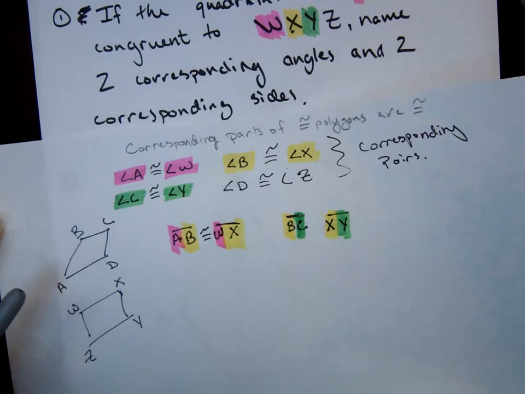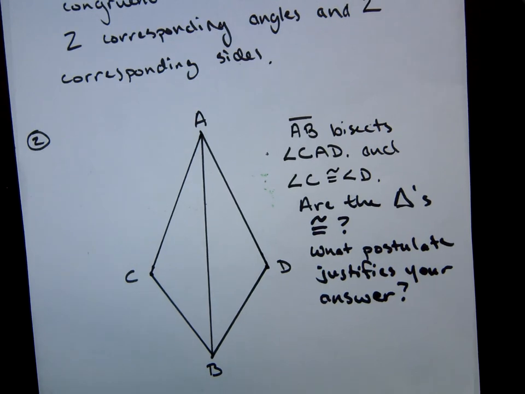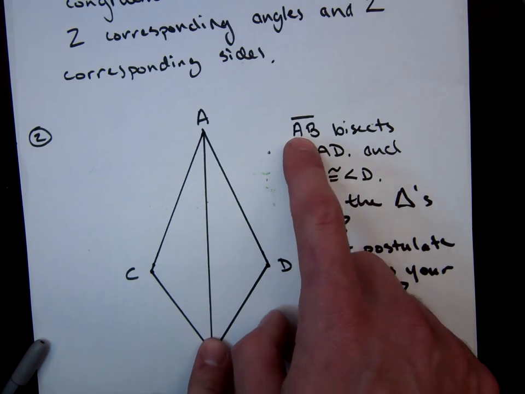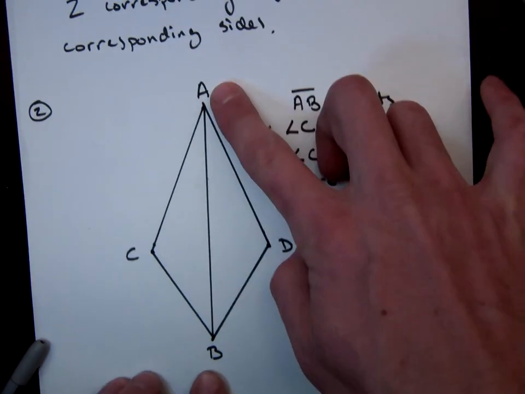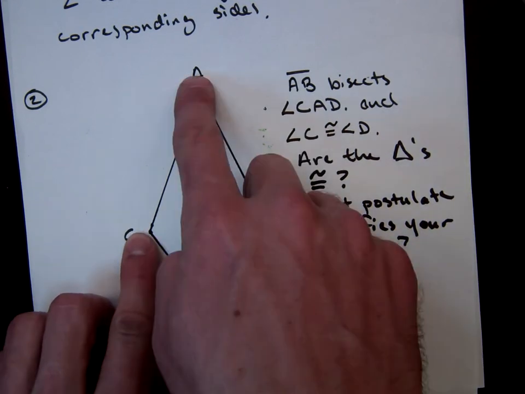Now moving on to number 2. Number 2 requires that we prove that these two triangles are congruent, if we can. So first we're going to go ahead and fill in as much information as we can. It says that AB bisects angle CAD.